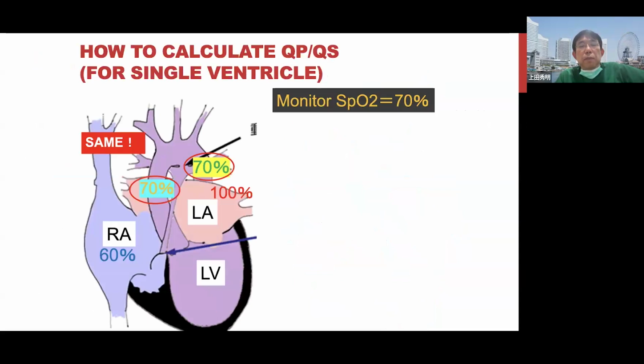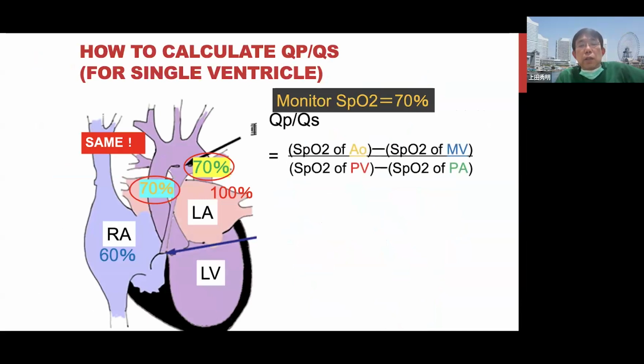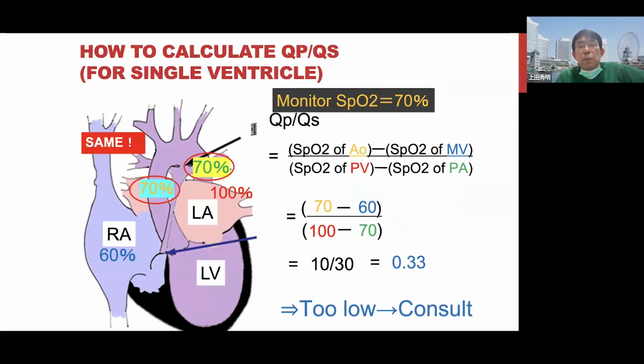So if the patient has pure pulmonary atresia and the monitor shows SpO2 of 90 percent, using the same Qp/Qs formula, the Qp/Qs should be around 0.33, which means the pulmonary artery blood flow is not enough. It's lacking. So we should be very careful.